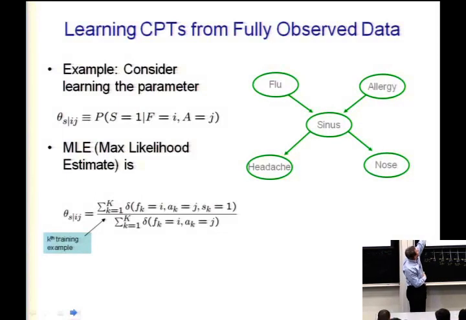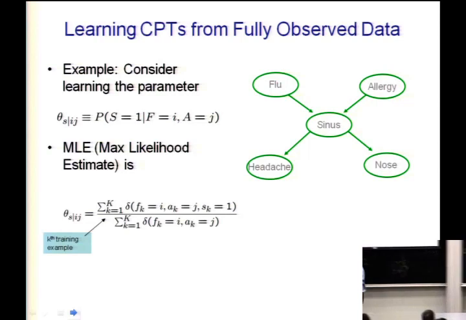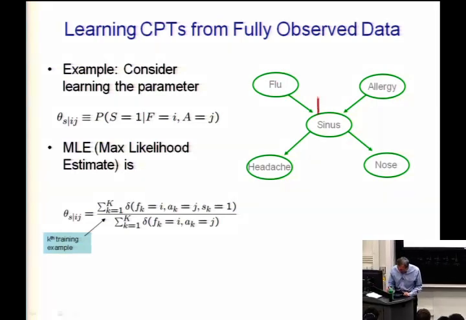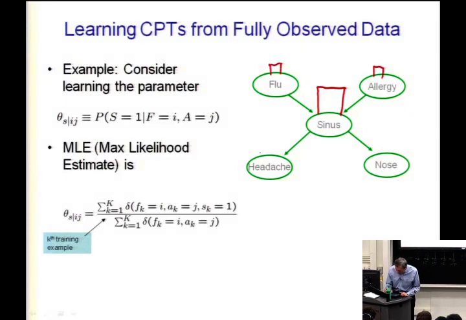So, for example, if I use the symbol theta sub s given ij to indicate one of the parameters in this Bayes net, there will of course be a conditional probability table associated with every node in my network. This one will give me a table where I have to estimate the probability that S equals 1 or 0, given that flu and allergy are known.